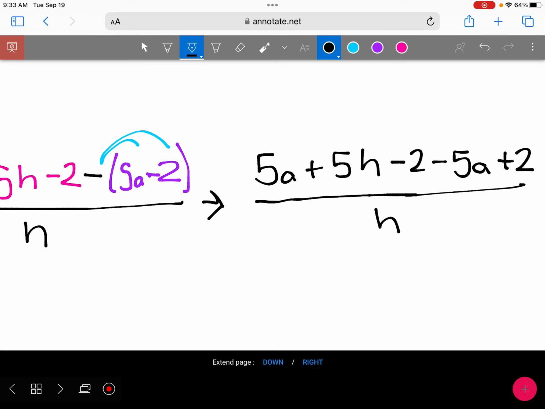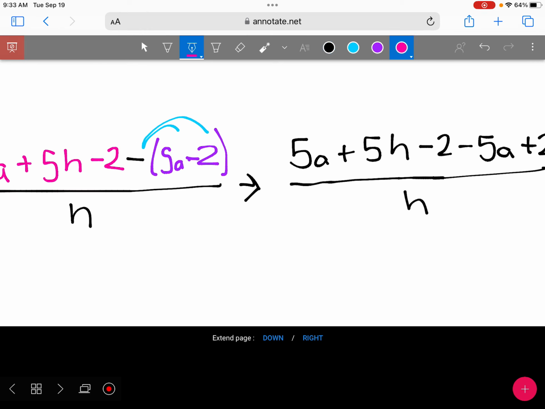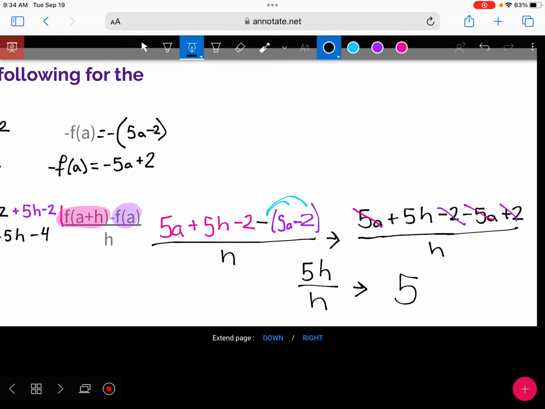Simplify our numerator. What do we have? The 5a and the minus 5a cancel out. I've got minus 2 plus 2. And we're left with 5h over h, which is 5. So f of a plus h minus f of a all over h is 5.